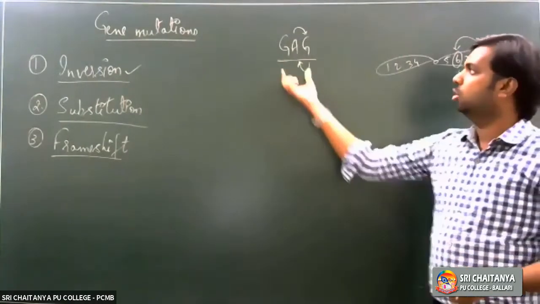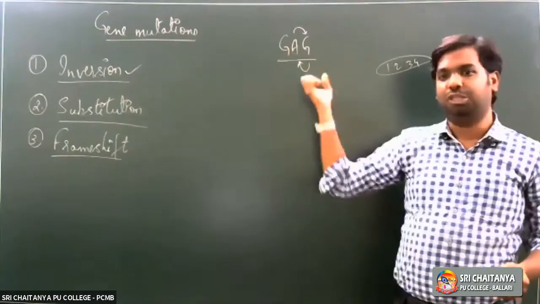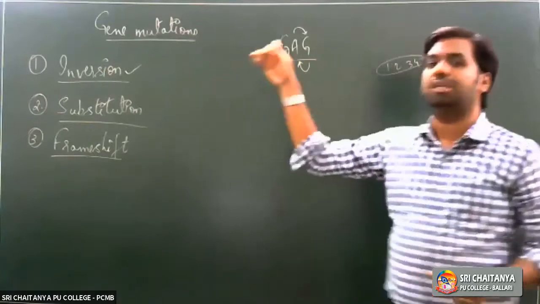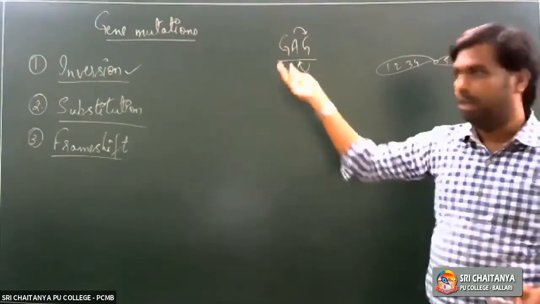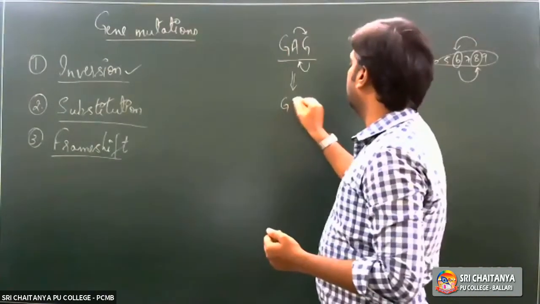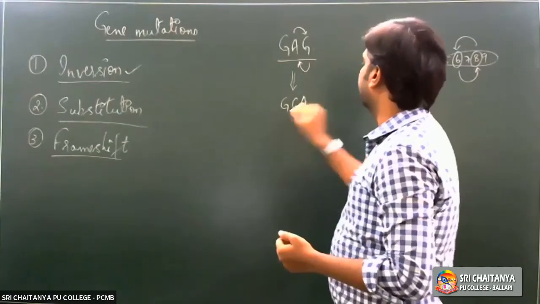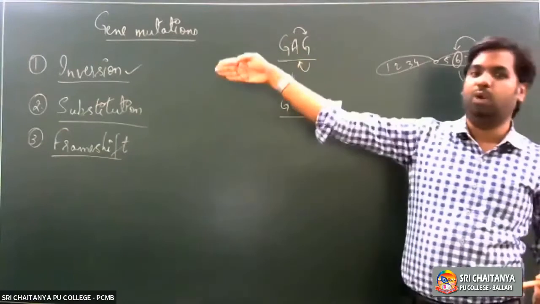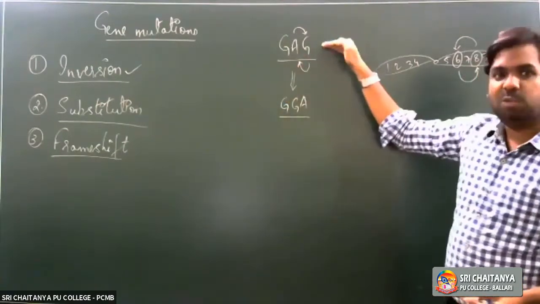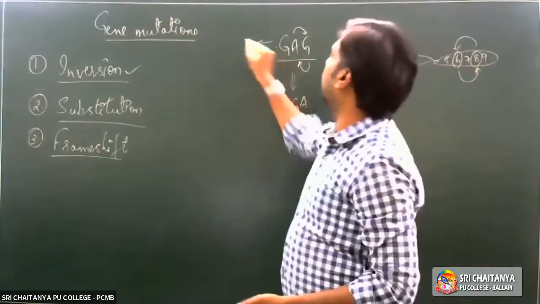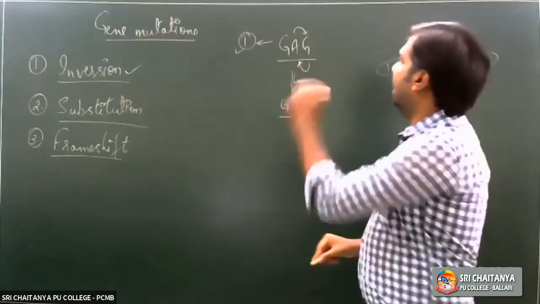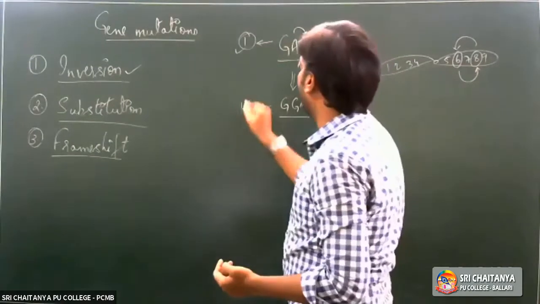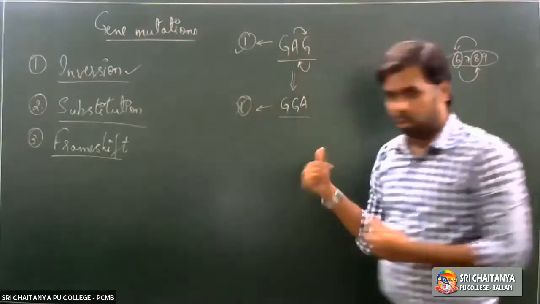Initially the codon was GAG, but after the mutation, which we call inversion type of gene mutation, the codon has now changed to GGA. This is how it is changed. This sort of mutation we call inversion mutation. GAG was producing, say, amino acid number 1, but once GGA is formed, this amino acid 1 will no longer be produced, right?